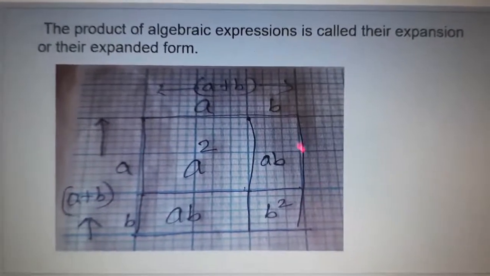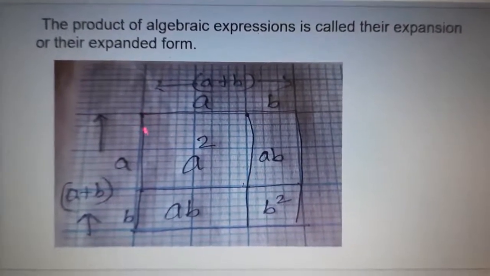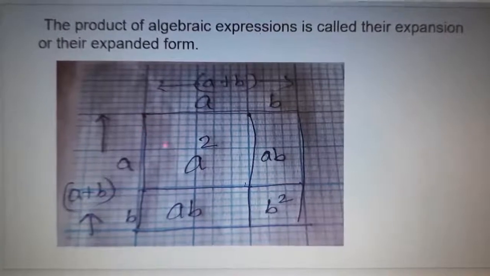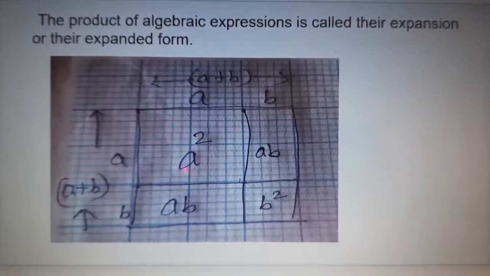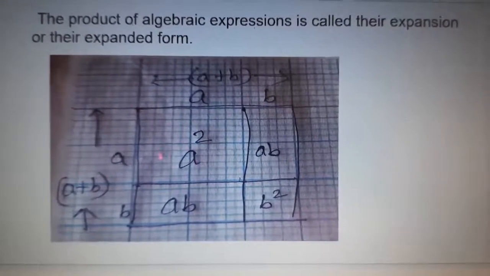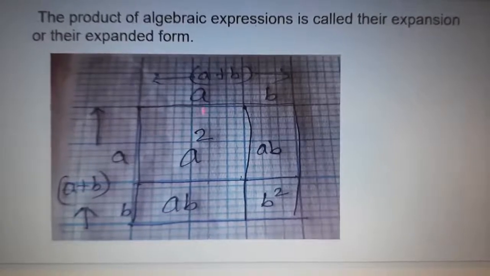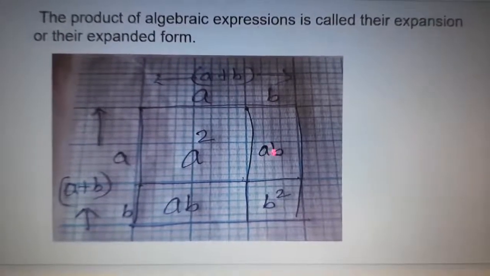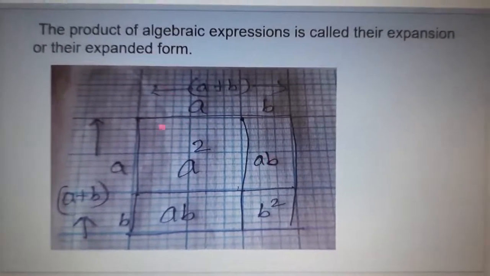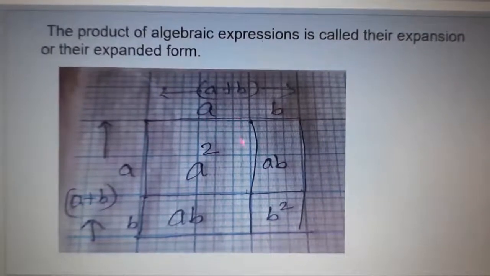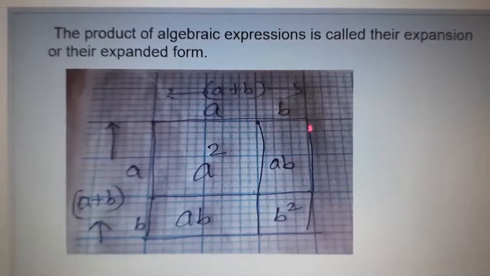This is a full complete square. I've taken a graph paper and drawn it so that it's easy for you to understand. You can see here 4 squares are covered, and that's why I've given it as a square. And here you can see this is a into b, because this much length is a and this much length is b.